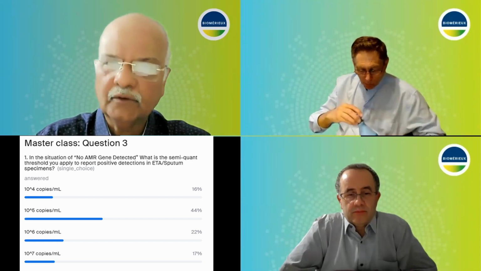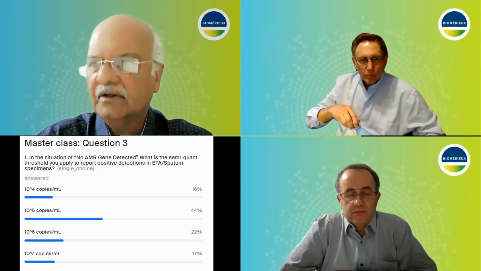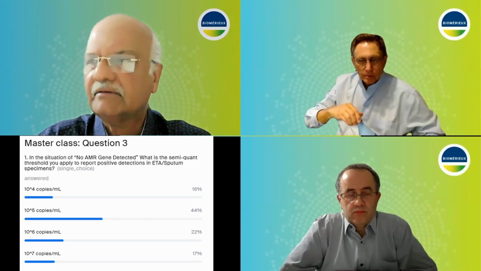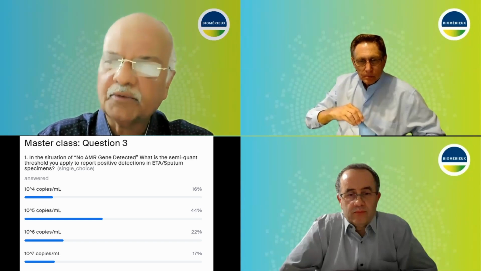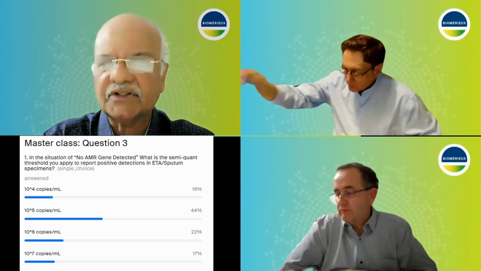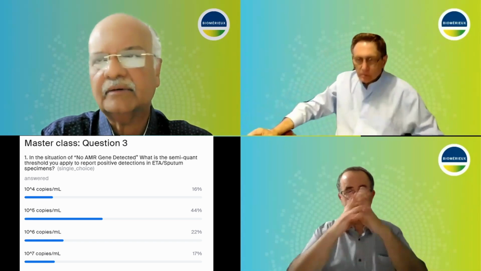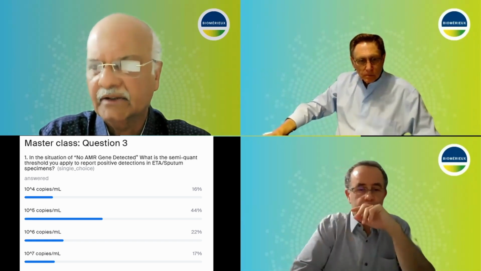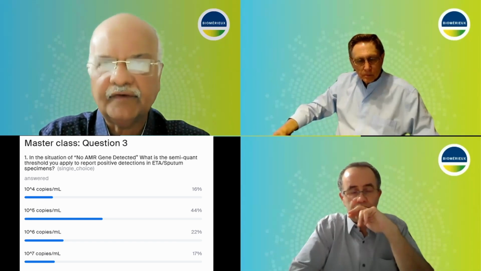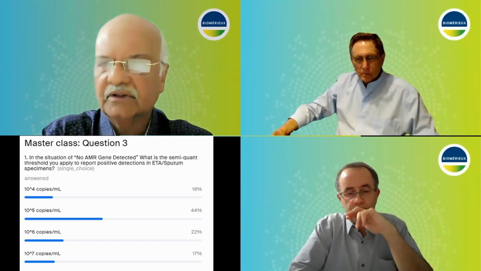And then finally, if you do not find the AMR gene, then you must know whether that particular organism is expected to produce an AMR mechanism which is not represented in the PCR panel. That's certainly the case, and both of us talked about Acinetobacter having OXA, not OXA-48, but 23, 51, and so on.